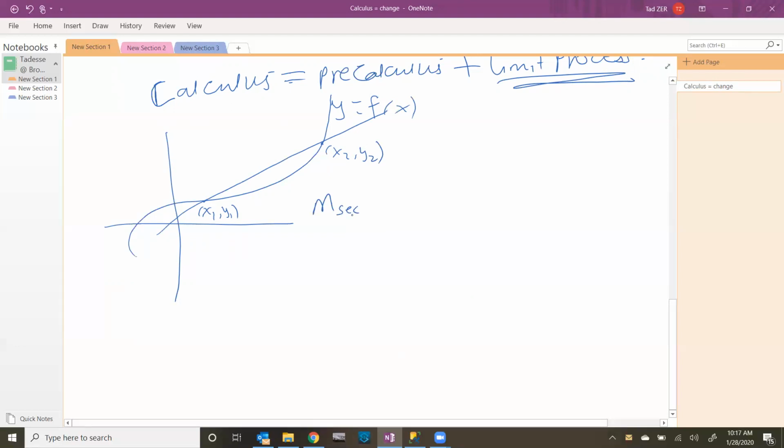M-sec stands for the slope of the secant line. This is y2 minus y1 divided by x2 minus x1. But what is y2? That is f of x2 minus f of x1 divided by x2 minus x1. This is what we call the difference quotient. It's a difference and it's a quotient.